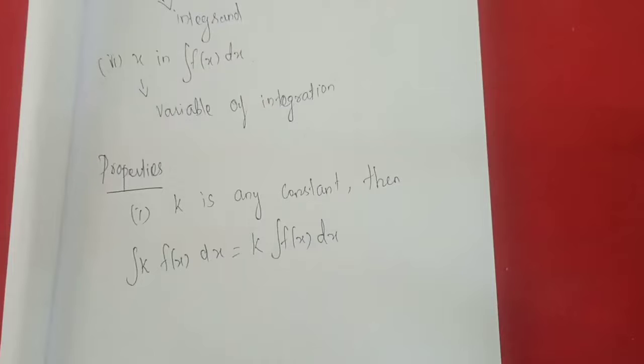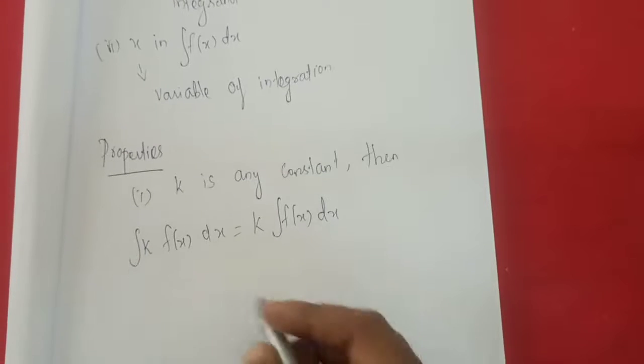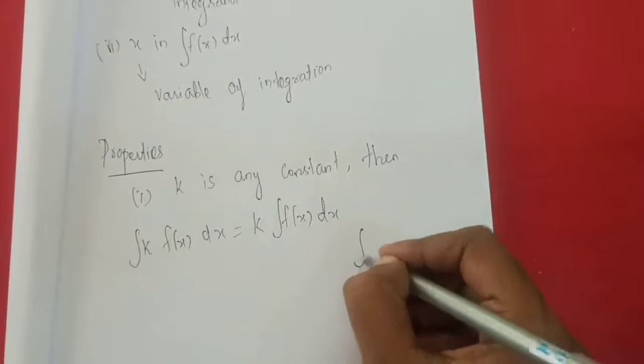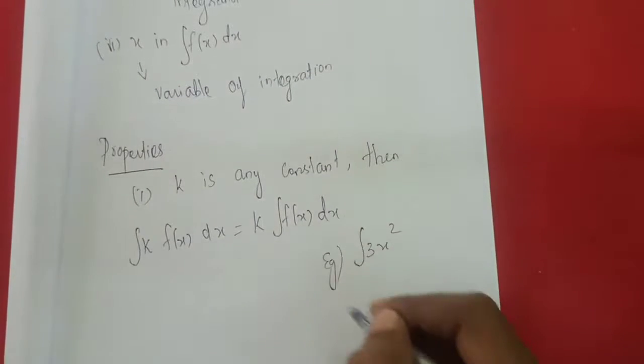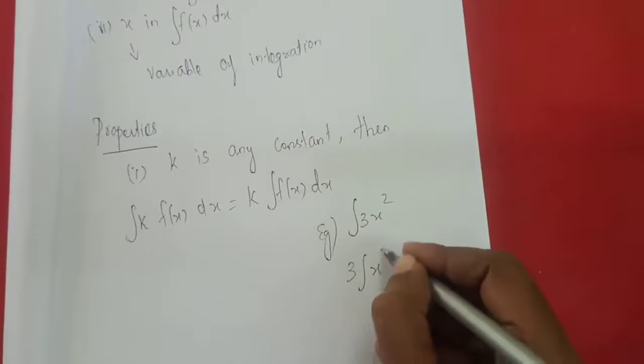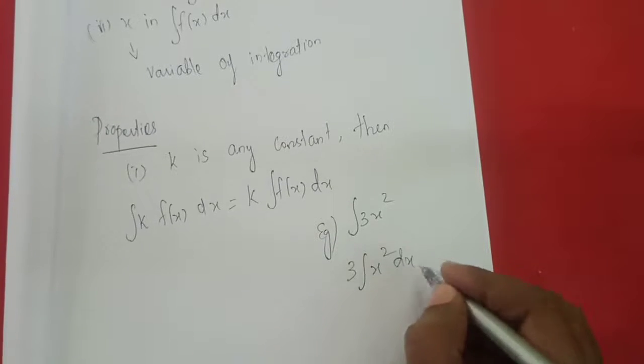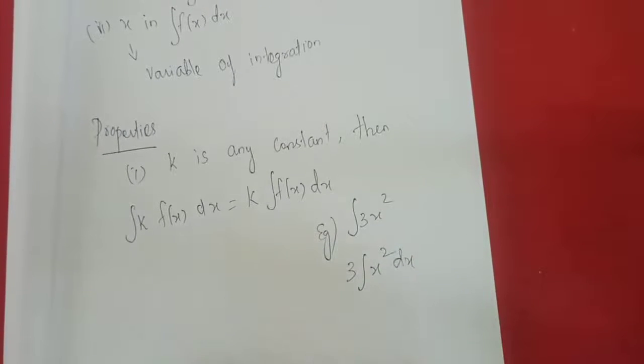The meaning is that a constant k can be taken outside the integral and then you integrate. A small example: if they ask for 3x square, you can take 3 outside and integrate x square dx. Understand? That's the meaning.